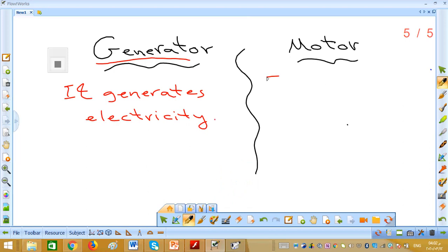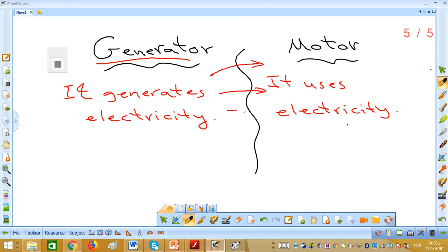And motor, it uses electricity. So electric generator generates electricity and motor uses this electricity. Then, electric generator changes which form of energy to which form of energy? We said it generates.